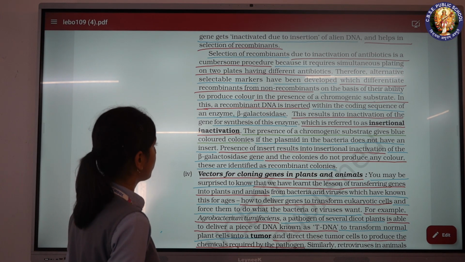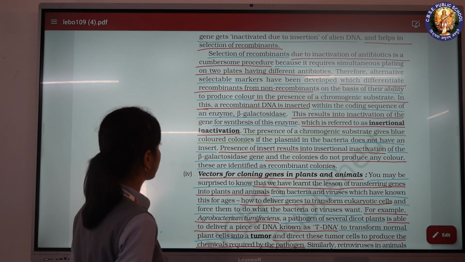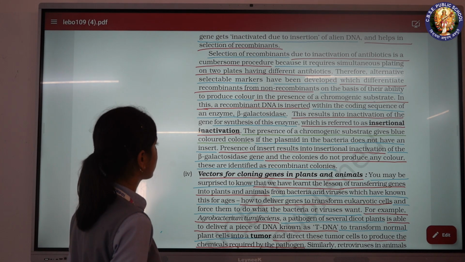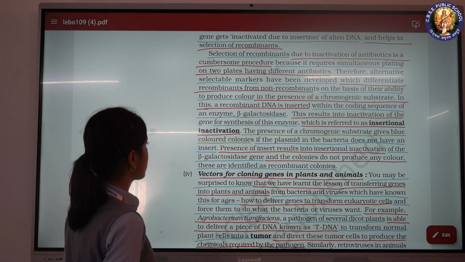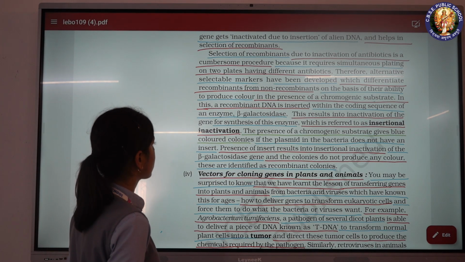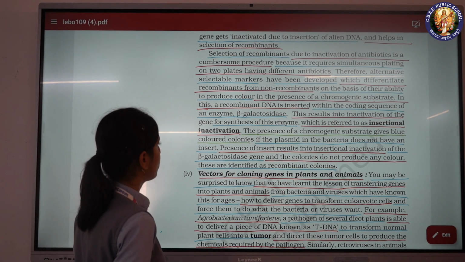This results in inactivation of the gene for synthesis of this enzyme, which is referred to as insertional inactivation. The presence of a chromogenic substrate gives blue colored colonies.